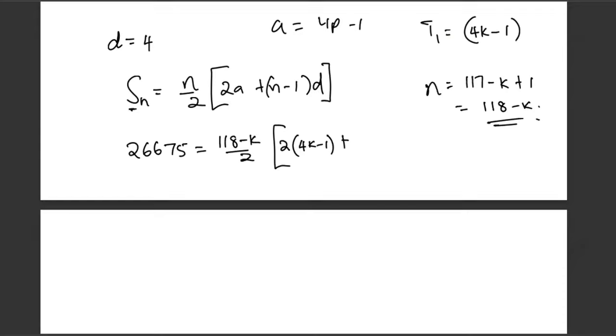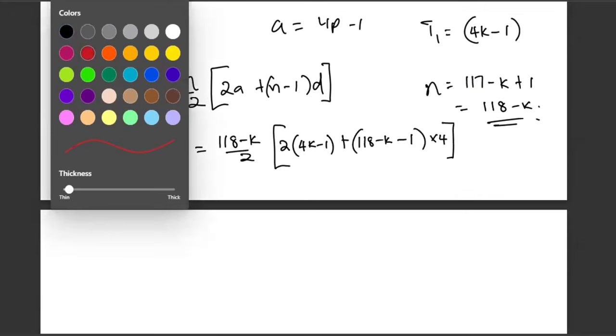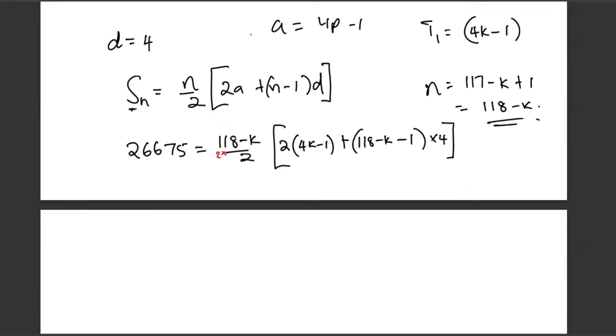Plus the n, 118 minus k, but then we are also subtracting 1, and then we multiply by the common difference, which is 4. Okay, so we open up the brackets inside, simplify what is outside, and then we go ahead. So let's multiply by 2.